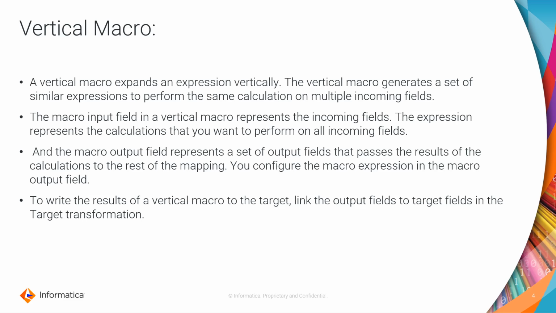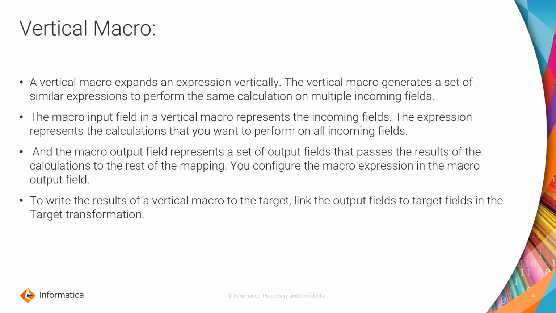The macro input in a vertical macro represents the input fields. The output expression represents the calculation to be performed on the incoming fields. And the macro output will give us the output fields, or the results, based on the configured logic or calculation.